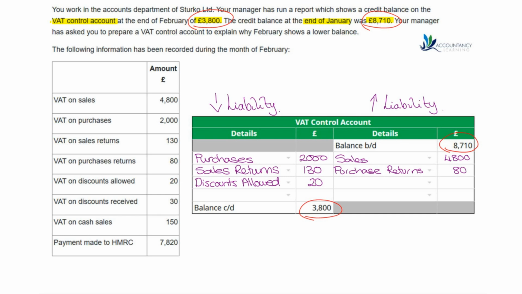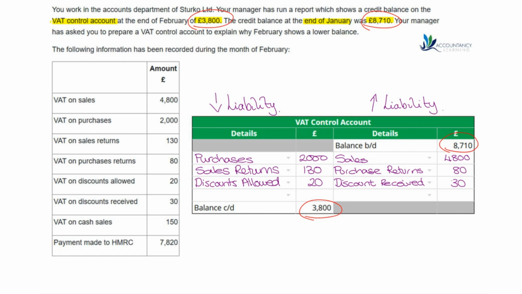And then likewise discounts received, so this is going to be the discounts that we get, which will increase our liability because it's reduced the amount that we're paying. So we need to put that on the credit side for discounts received.